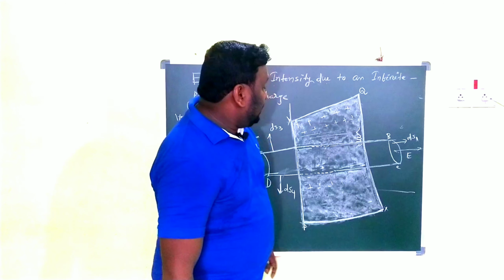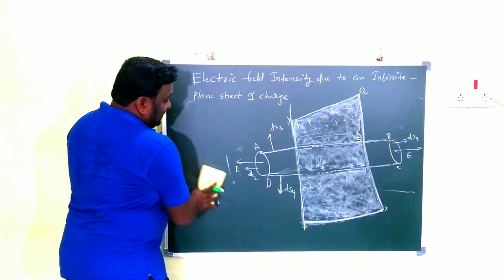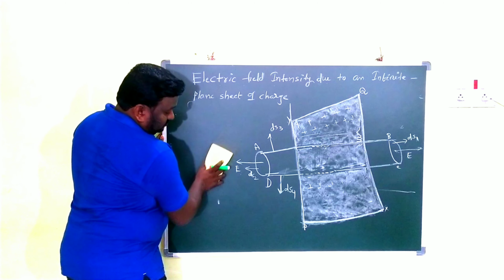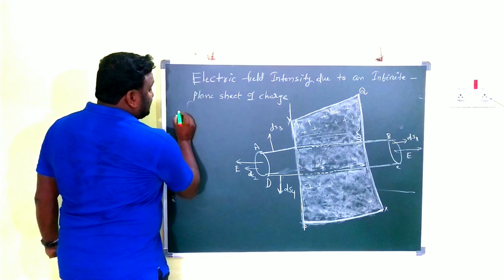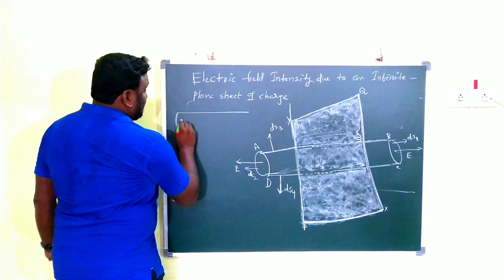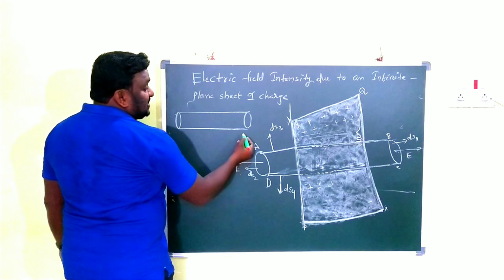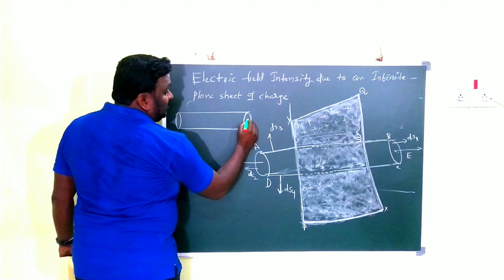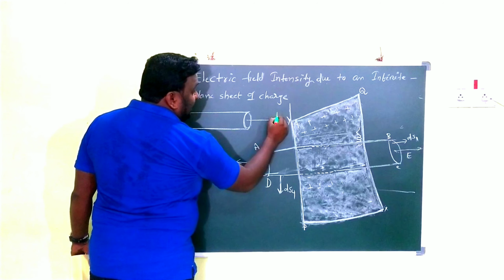Clear? Now look at this diagram very carefully. I am drawing here only the cylindrical surface. At the cylindrical surface, this is the point B here. At this point, the electric field should be radially outward.